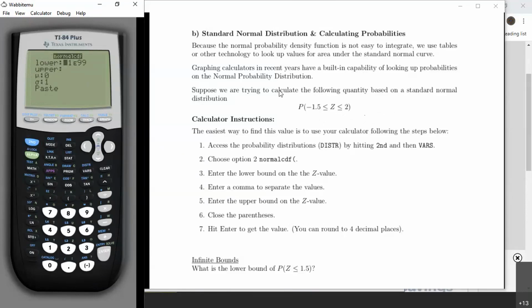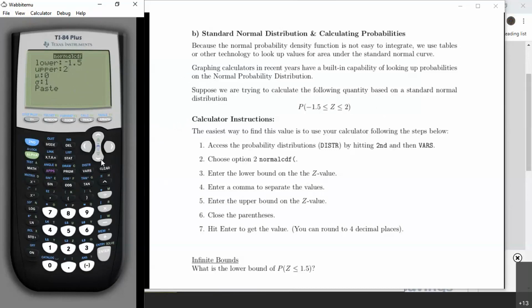So I'm going to put -1.5 as my lower z-score and 2 as my upper z-score. This is a standard normal distribution, so I'm leaving my mean as 0 and my standard deviation as 1, and the calculator defaults to this.